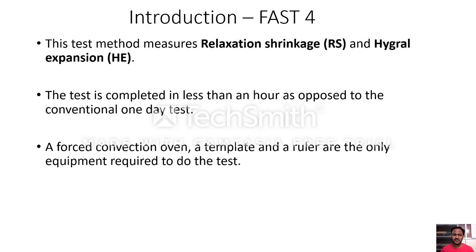For this FAST 4 test method, we require a forced convection oven, a template for measurement of the dimensions and a ruler, and these are the only equipment required to do the testing.